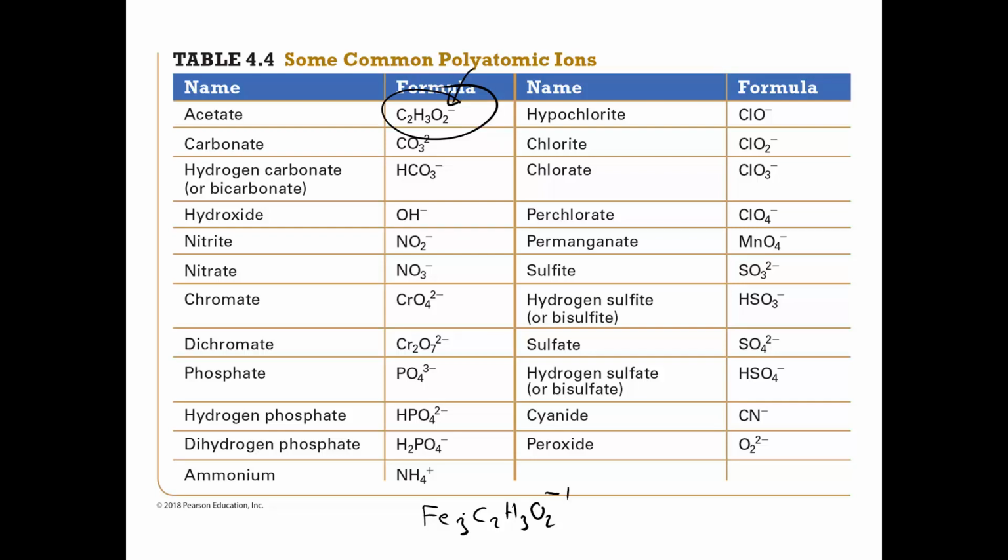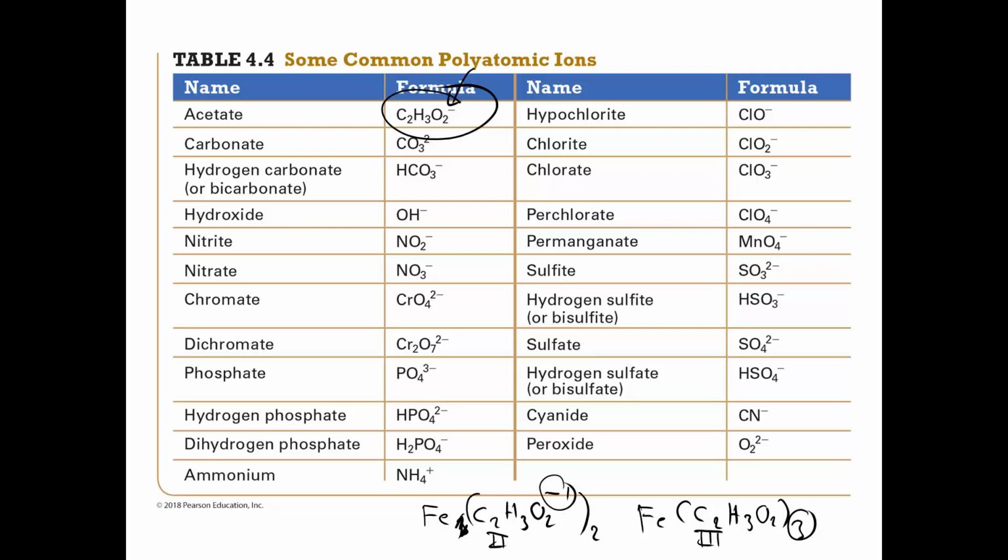And so I messed that up, of course, right? So we can either have this formula or we can have this formula here, right? So there are different possibilities. Why are there different possibilities? Well, iron can have different charges, and so this would be iron 2 acetate, and this is iron 3 acetate. That has nothing to do, this is a coincidence, has nothing to do with how many there are. It does in this case because this is -1, right?